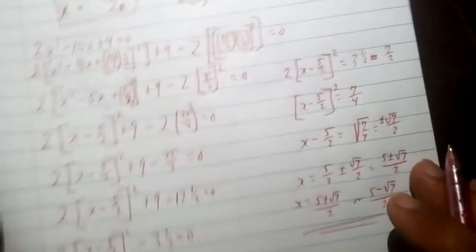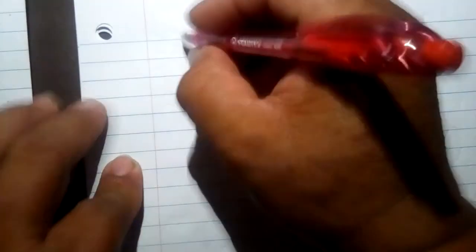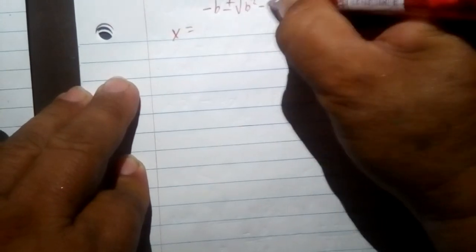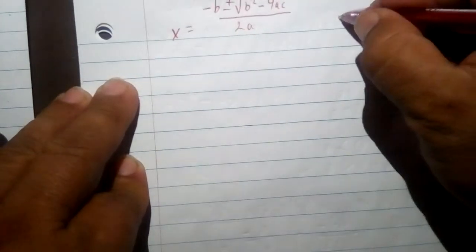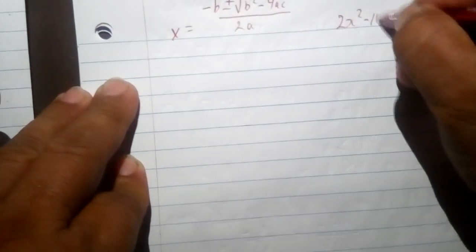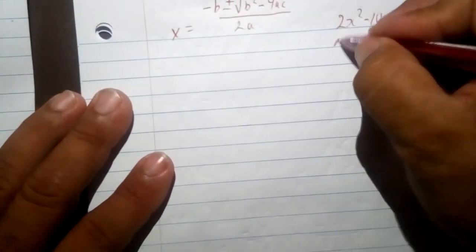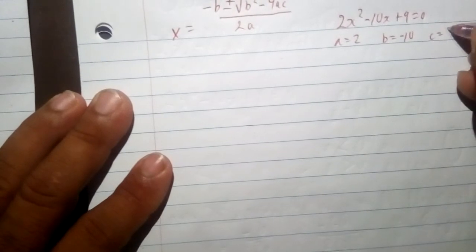If you are going to use the quadratic equation to solve for this, let's see what we would get. Okay, so we bring our quadratic equation here. We put that x equals minus b plus minus square root b squared minus 4ac over 2a, and the equation was 2x squared minus 10x plus 9 equals 0, where a is equal to 2, b is equal to negative 10, and c is equal to 9.